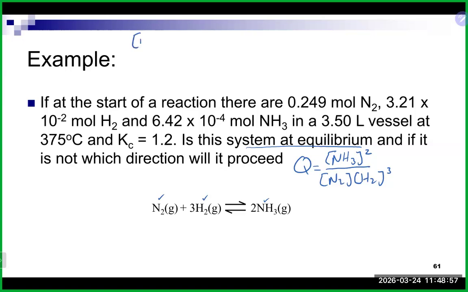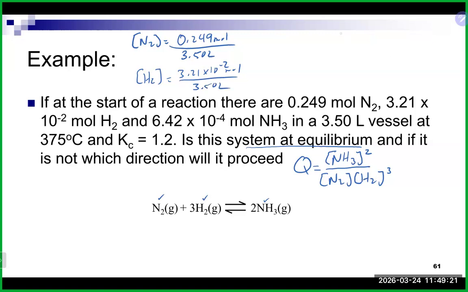So we have our N2, and that's going to be 0.249 moles over our 3.5 liters. We also have our H2, which is 3.21 times 10 to the minus 2 moles over 3.5 liters.